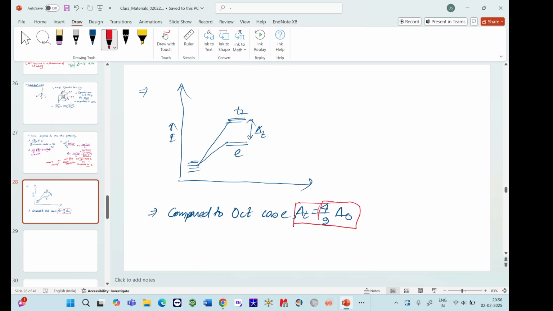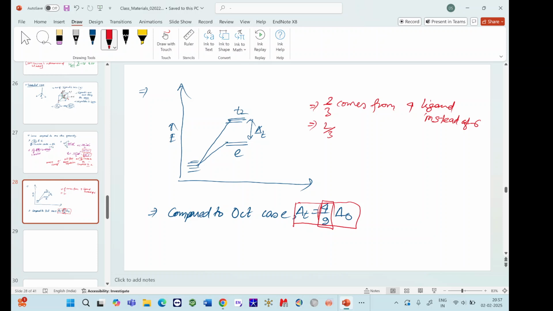Okay, why is that a factor 4/9? There are two parts. 2/3 comes from 4 ligands instead of 6.